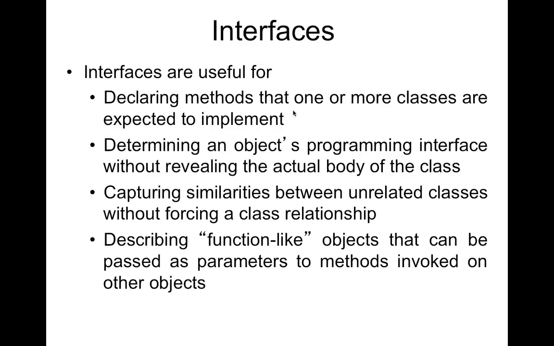Describing function-like objects that can be passed as arguments to methods invoked on other objects. That means you can actually pass this interface type as an argument. So you don't know which object, which class that person is passing. Only during runtime we know the object type.